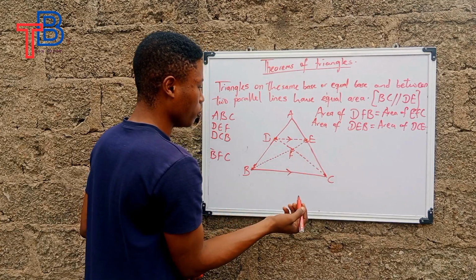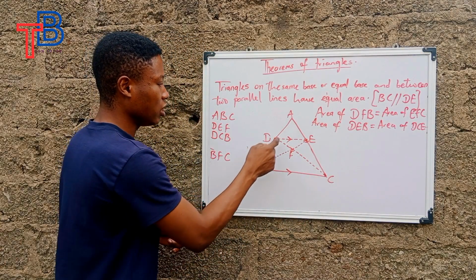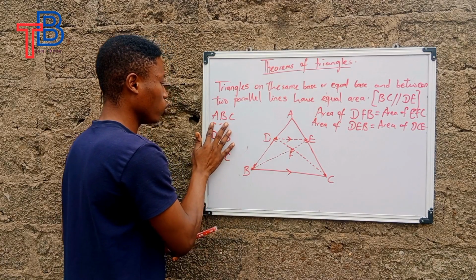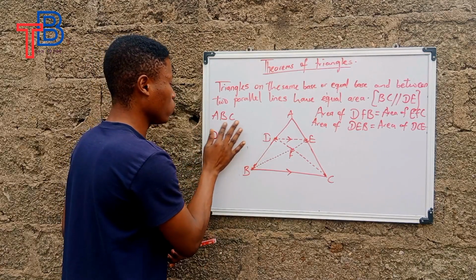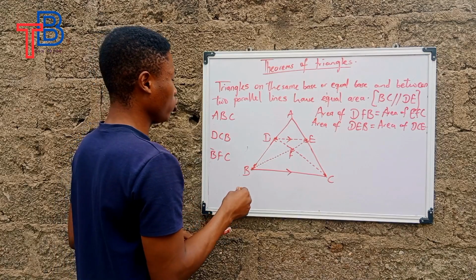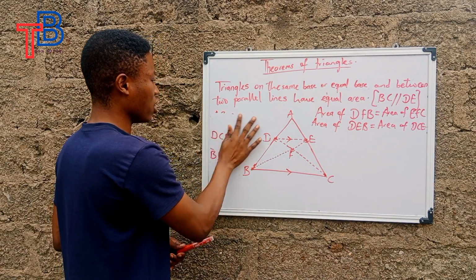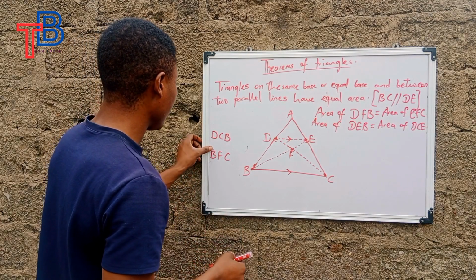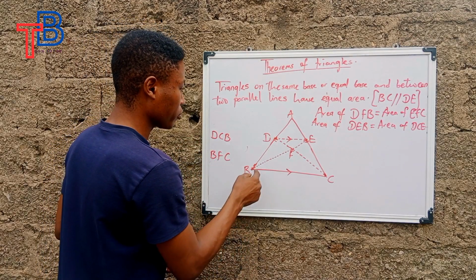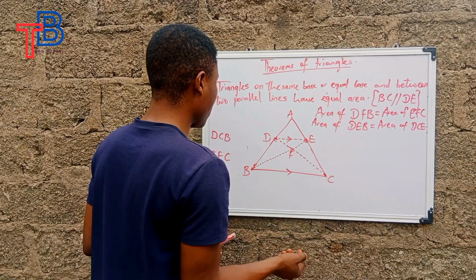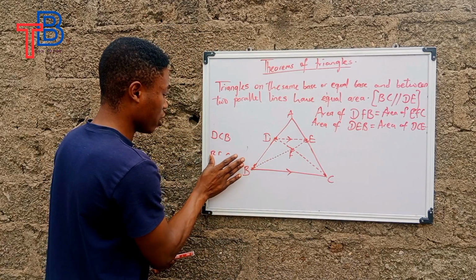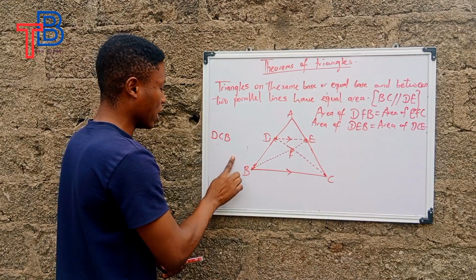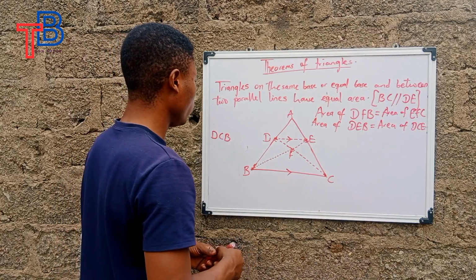The base here is not being shared with anything, so DEF has no equal area with any triangle here. And I have also pointed out that ABC is the biggest triangle, which has nothing to be equal to. Now let's check BFC. BFC also is not equal to any other triangle here because there is no other triangle that shares the same base with it.